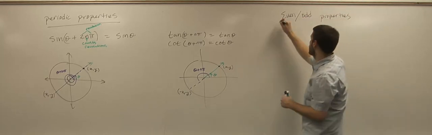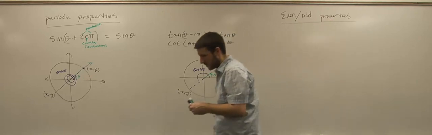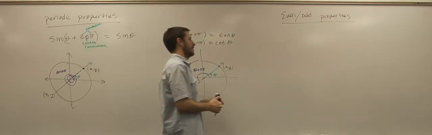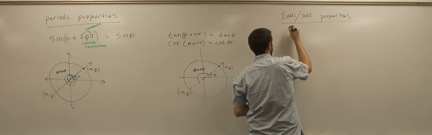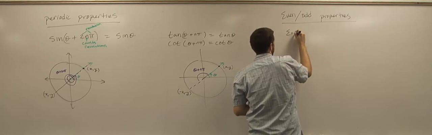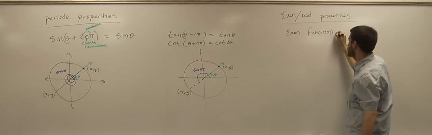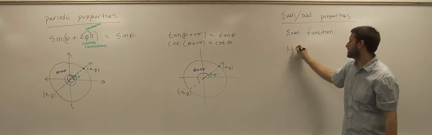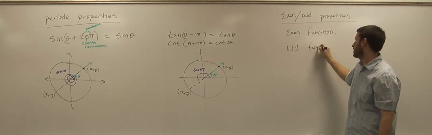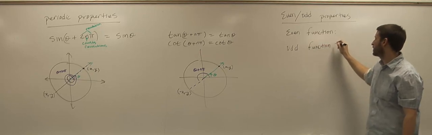Do you guys know what even and odd functions are? Remember? A function is even if it satisfies a certain property, and a function is odd if it satisfies a different property. And it has to do with negatives.